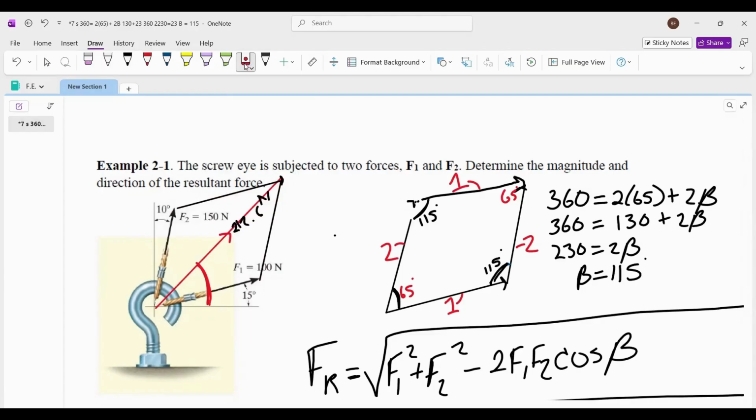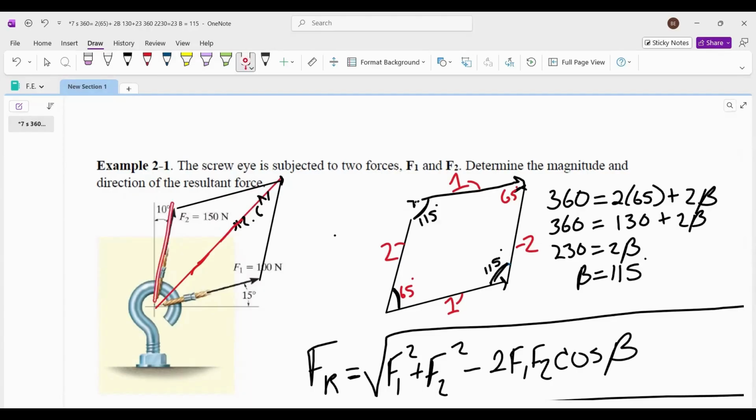So again, we are trying to find not that angle, but this angle right here. So what are we going to do? We're going to use the sine law to find that. But first, we're just going to label.